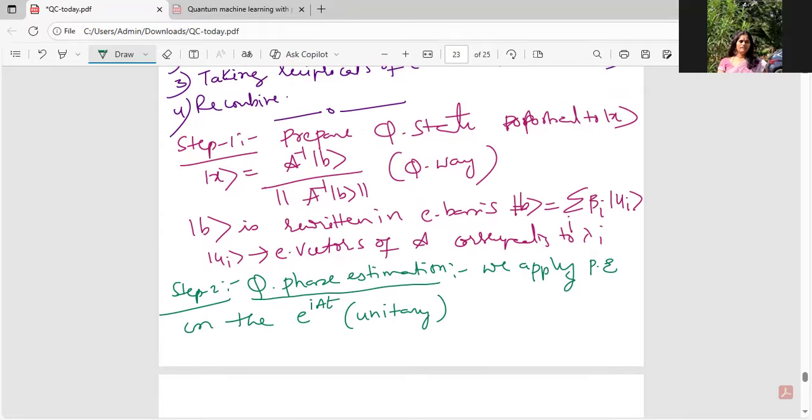Or in other words, I should say I have applied phase estimation on A, guys. That's why it has become e power iAt. Now you see how I should write.